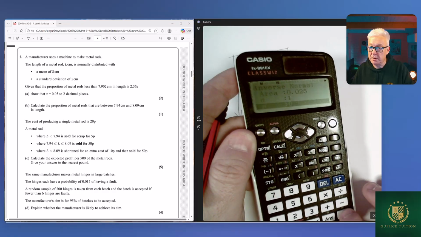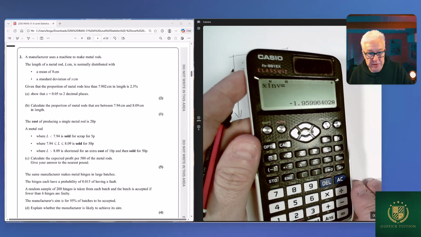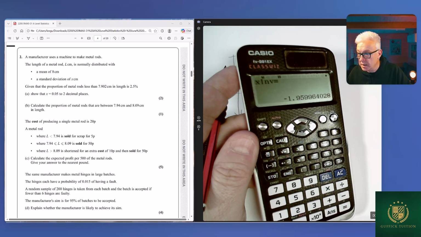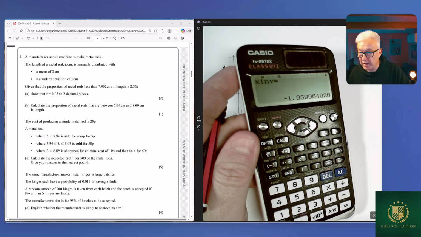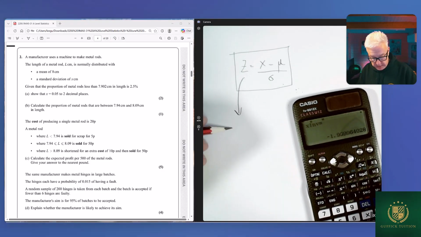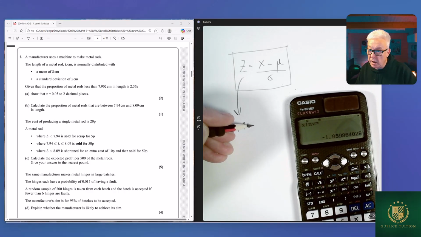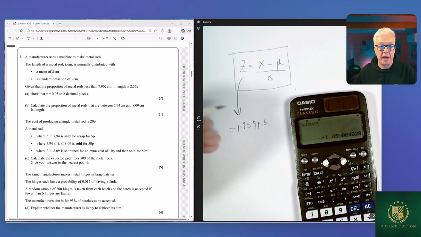We put that in, and that gives us minus 1.95. So minus 1.95996 is our Z value.